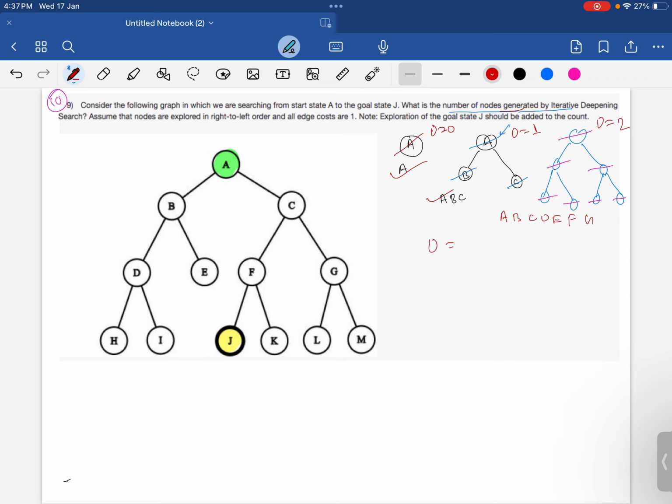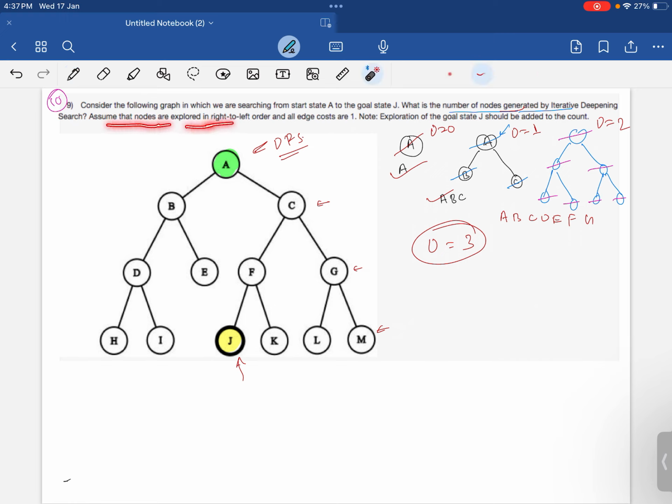Now we are going to increase our depth by 1, that is 3. So this is the tree with depth 3. Now we will run the DFS on this, but this time we are going to get our goal. So we have to be careful, and you also need to take care of this part.